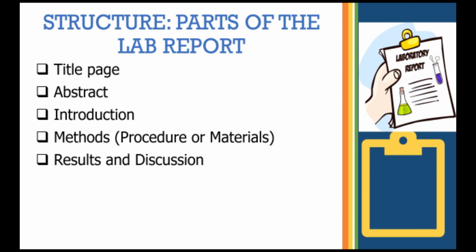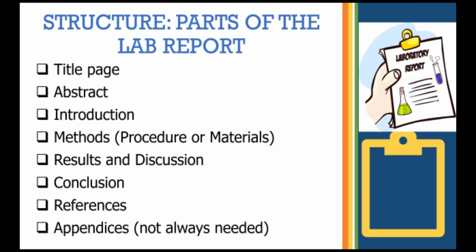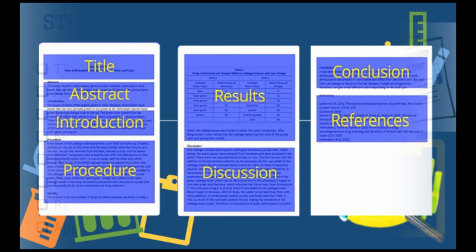Next, result and discussion, conclusion, references, appendices. But take note, appendices are not always needed. And this is what it looks like, identifying the structure or parts of a laboratory report.